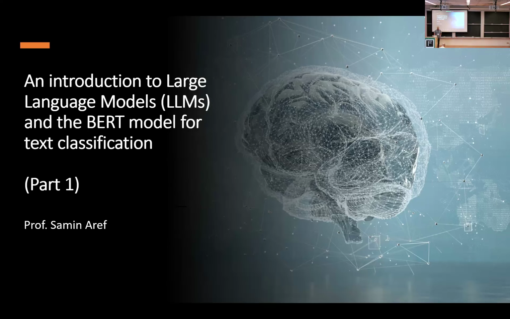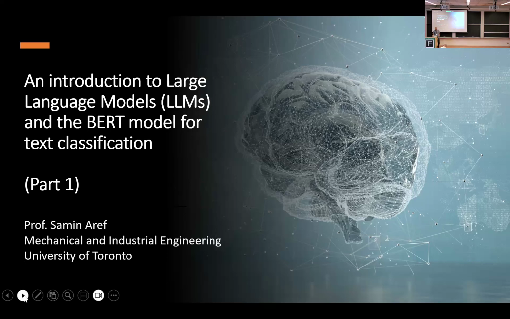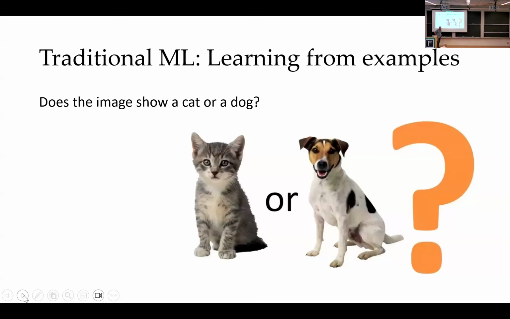All right. So let me start with just some background info on machine learning. With traditional machine learning, we used to deal with tasks like this, using image data to classify, let's say, cat images and dog images.